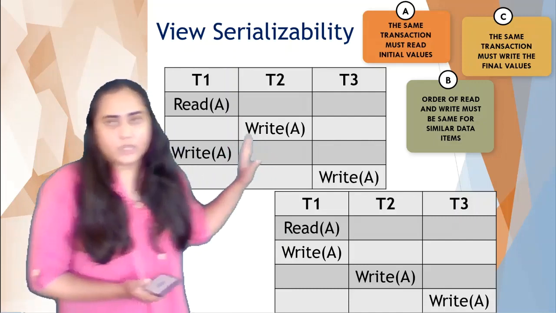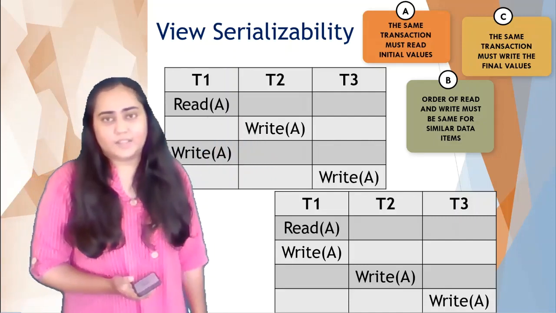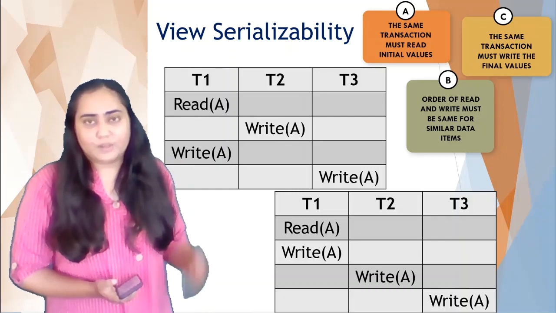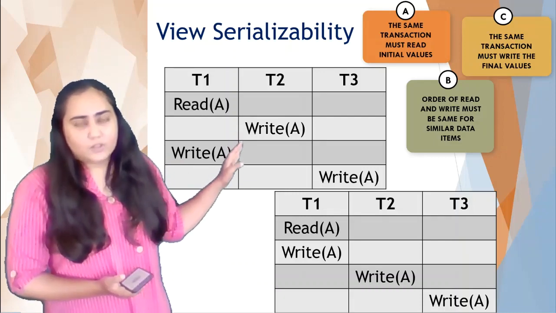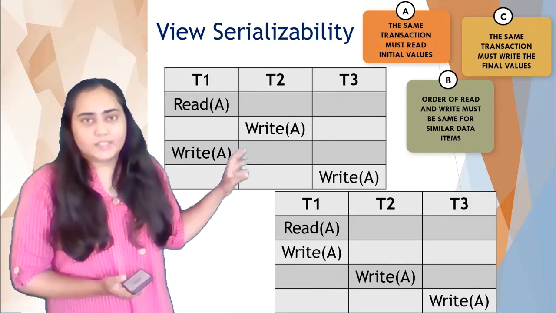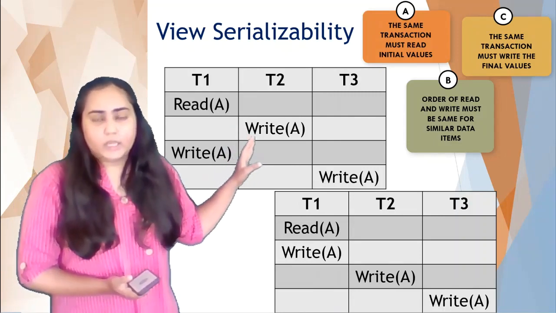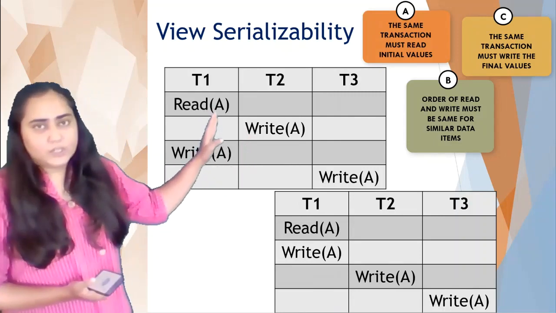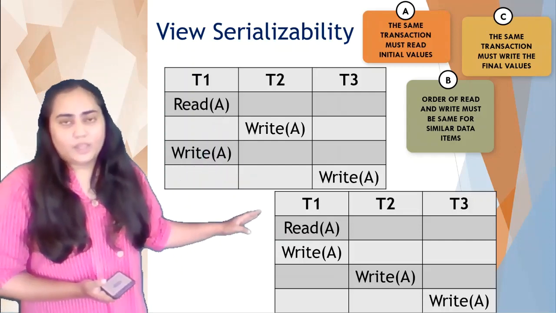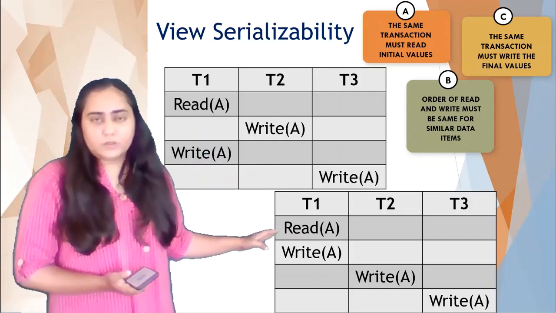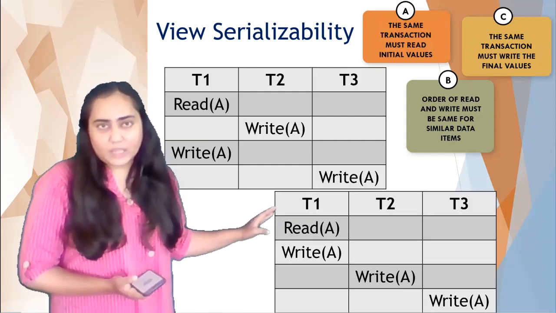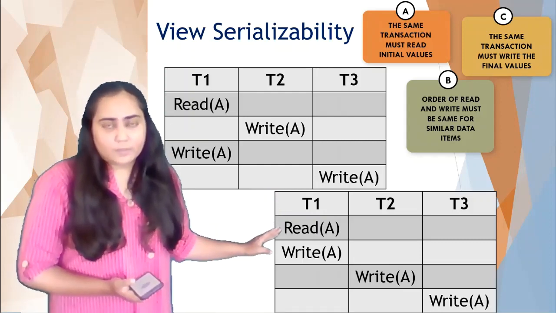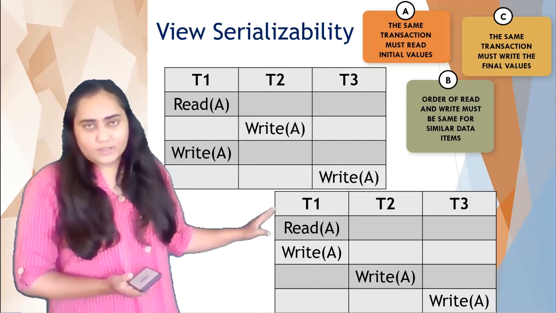First, we are starting with the first rule, which says that the data item being read should be read by the same transaction initially. So in this schedule, the transaction that is reading data item A initially is transaction T1. And now in our serial schedule also, the first transaction to read the data item A is transaction T1. So our first rule is satisfied.